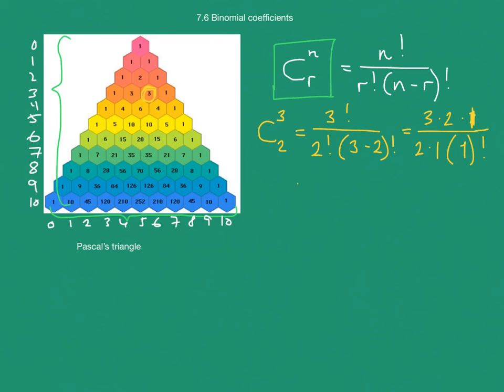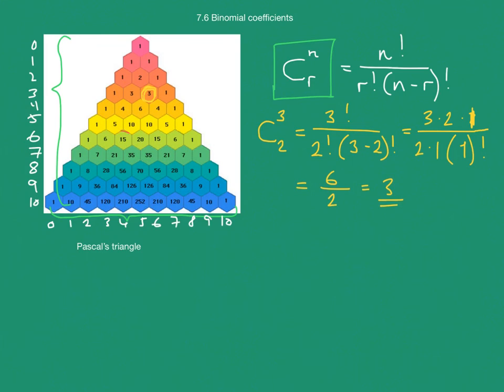So this is going to be 6 divided by 2 times 1, which is 2. So 6 divided by 2 is 3. And that's the value we wanted to confirm.